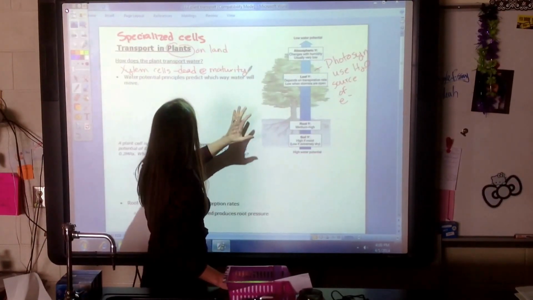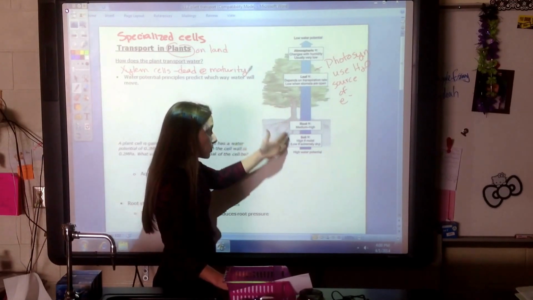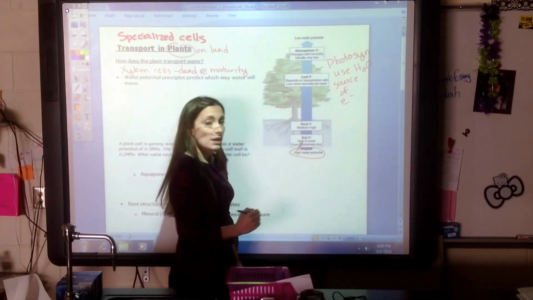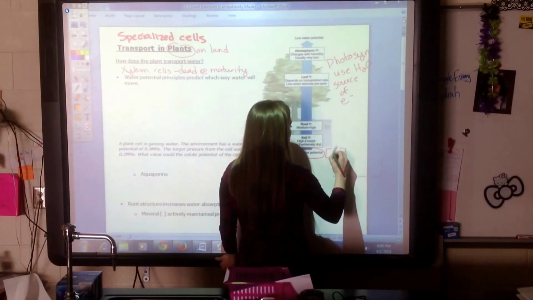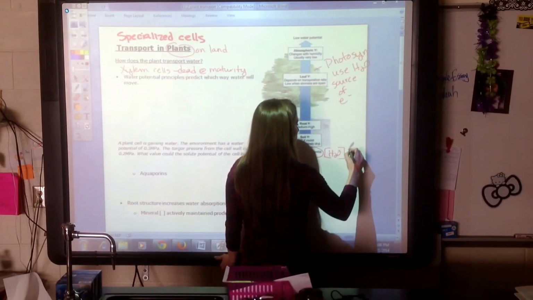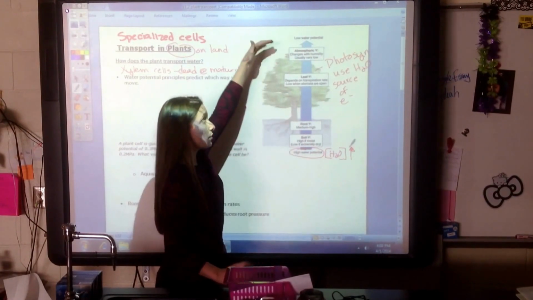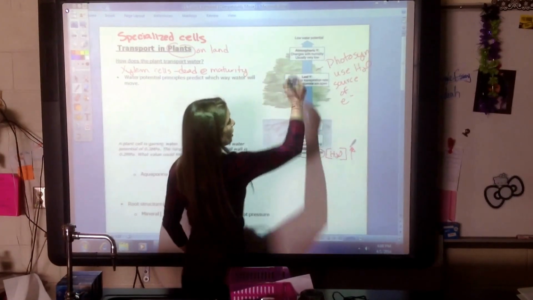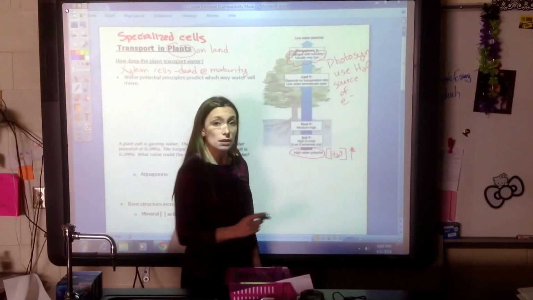This is a really great diagram that shows us that the water potential is very high in the soil, and this is because there's a high concentration of water. The water concentration is high down here. The water concentration in the air is usually very low, but you can see that it changes with humidity.